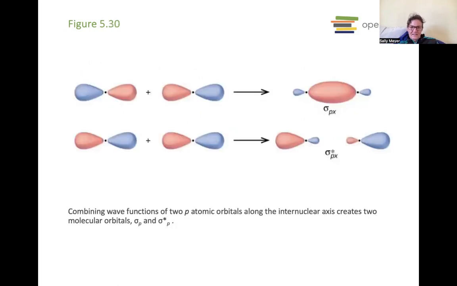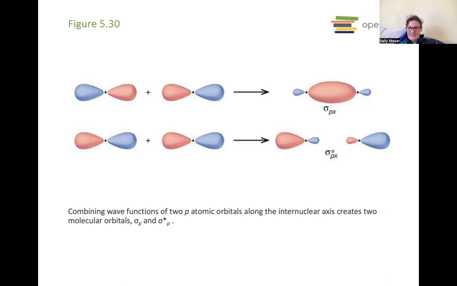So if you add together two p orbitals, you get a huge lobe in the middle, which you call a sigma bond, because that's the high probability of finding the electrons in a circular cross section around the bond axis. Whereas if you add together two p orbitals where you flip the sign, so a blue is overlapping with a red, remember blue means the sign of that function is positive, and everywhere on the red lobe, that same function is negative.